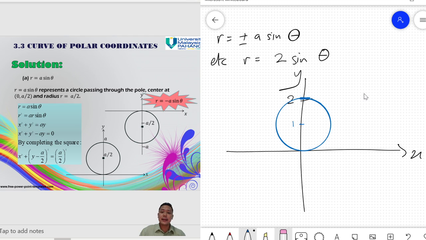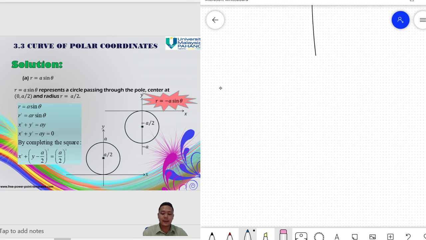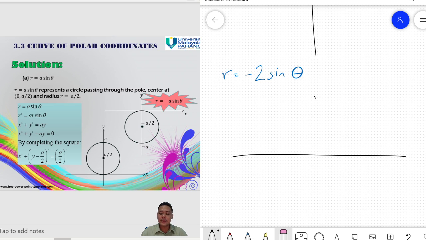If it's a negative 2 sine theta, then it will be on the bottom part of the y. So to sketch this, you can imagine this, it will be negative 2 at y and a circle. Not ellipse, circle. Let me try to make this as smooth as possible.